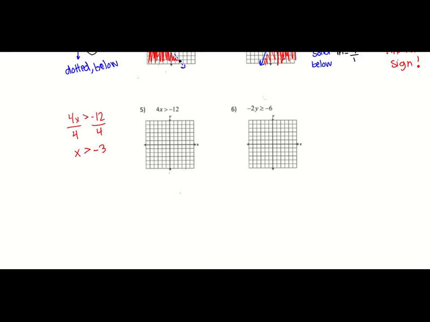When we graph x is greater than negative 3, it's going to be just like graphing if it was x equals negative 3. We're going to start at x is negative 3. I'm going to put a point right there. Now I know if x equals negative 3, this is going to be a vertical line.